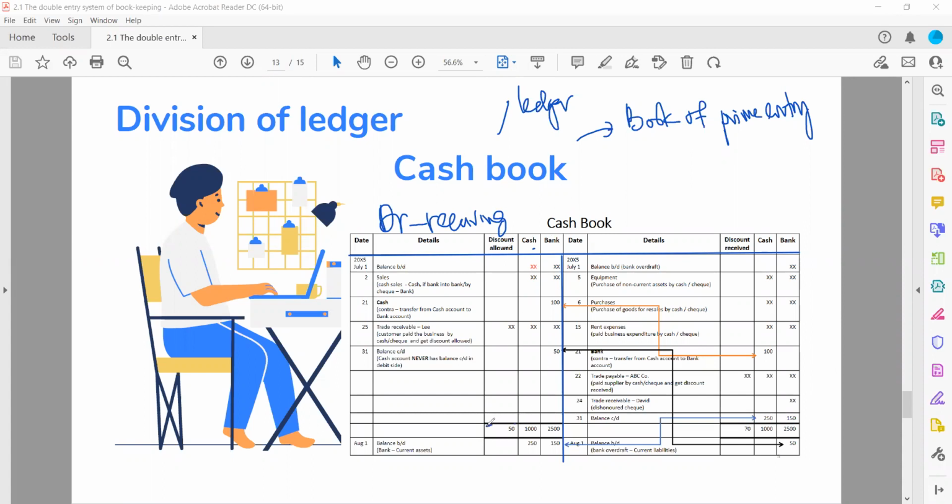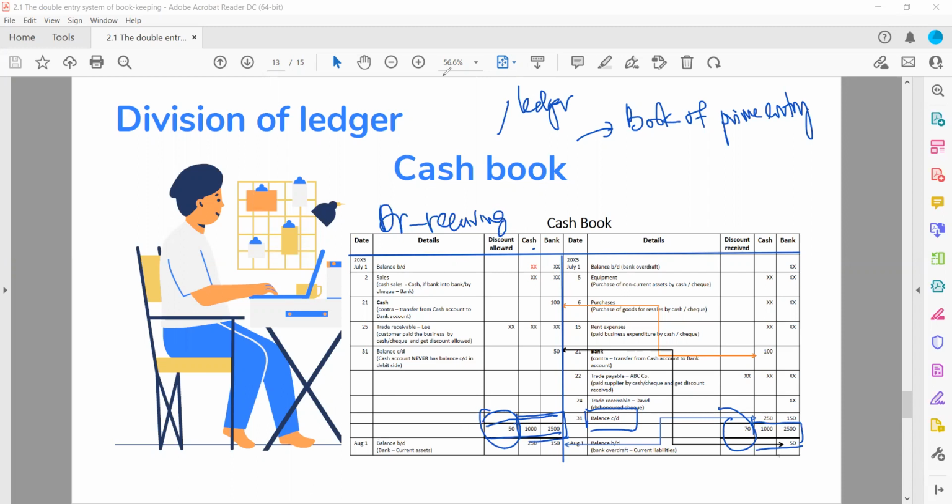The subtotal. For this 3 column, this is called 3 column cash book. Discount column don't need to be the same. But for the cash and bank, this one must be the same. Must be the same. Debit, credit must be same. Then after that, the differences will be the balance carried out. In the detail form, what we have in here, it will go to the exercise, then you will take notes about it.